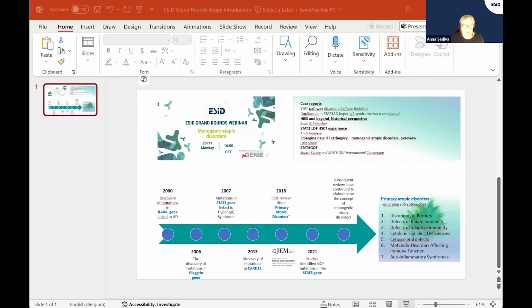Then we have a trip to the history of hyper IgE syndrome and some possibilities of treatment of that syndrome. We will have an overview of the topic, and we will finish with STAT6 gain of function and the STAT6 gain of function consortium, which is a recently described disorder in this field. So I hope you will enjoy the information, which I hope will cover the field well.